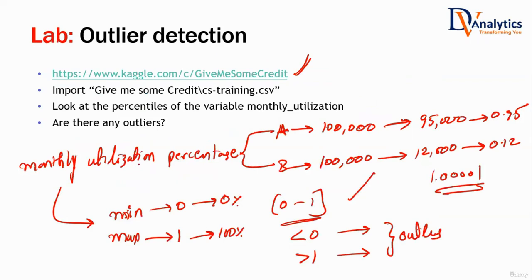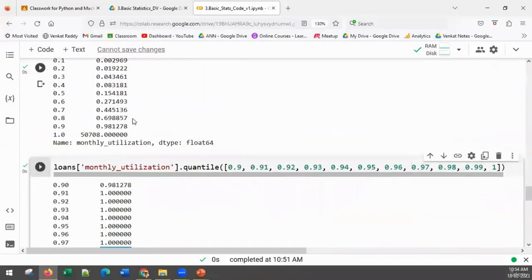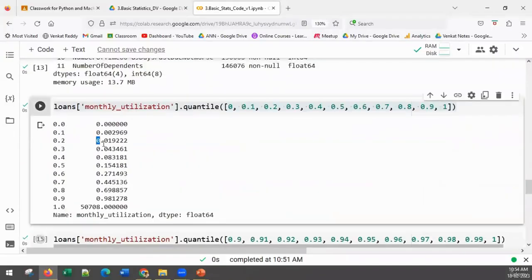You have to understand the data first. Any business problem will start with understanding the business problem. Since I have explained it, you must know this. I initially thought it was in rupees. That's right, but if you see the values, you will get the idea. This will not be a monthly utilization amount. This has to be monthly utilization percentage.